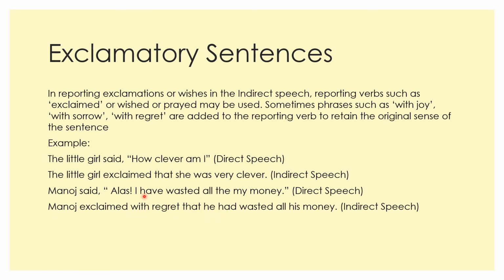I will become he, the third person. The pronoun has changed from first person to the third person. Have wasted, which is in the present perfect, will become the past perfect. So had wasted all his money. So this sentence, Manoj exclaimed with regret that he had wasted all his money, is in the indirect speech.